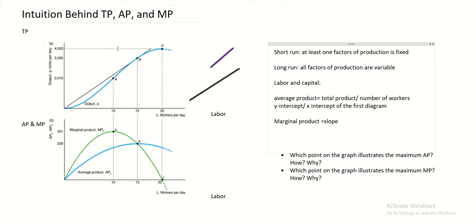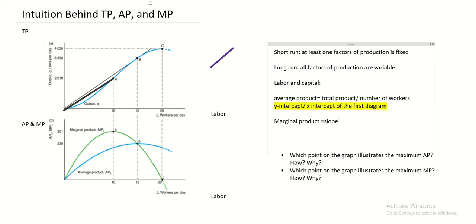We can find the average product just by connecting the origin to any single point on the total product curve, and then calculating the slope of this, and that will give us the average product. For instance, if we consider point A, and let me drag it down here, we just calculate the slope of this black line, and that will give us the average product. It's basically the y-intercept divided by the x-intercept of the first diagram. That's all we have to do.